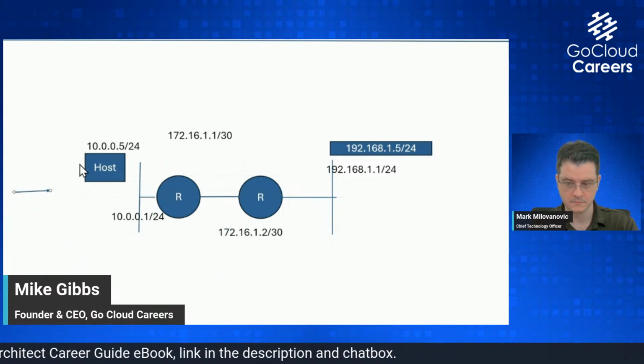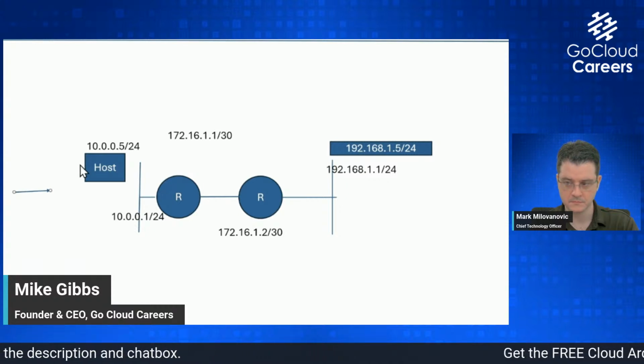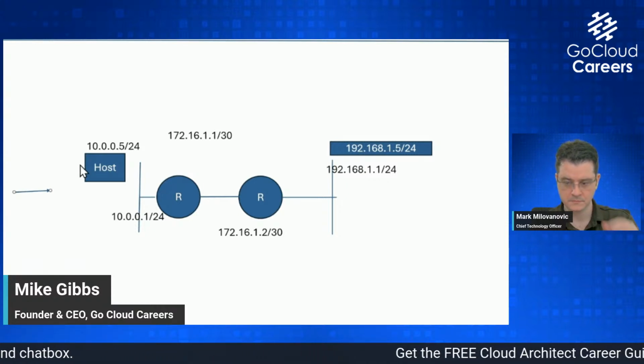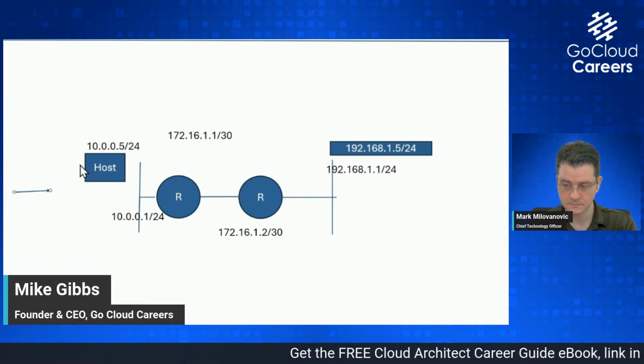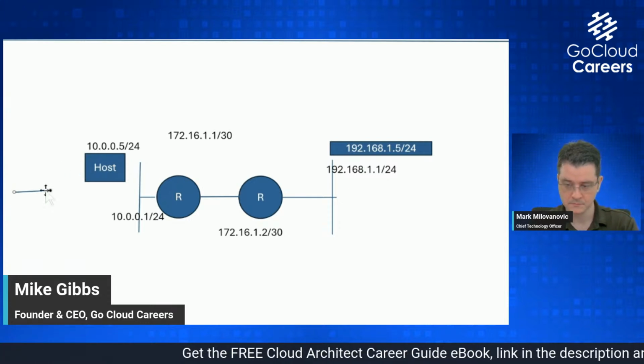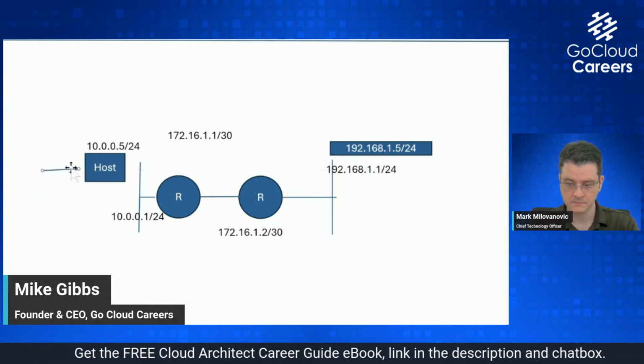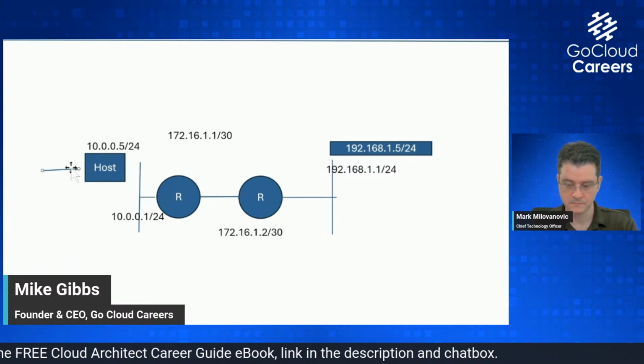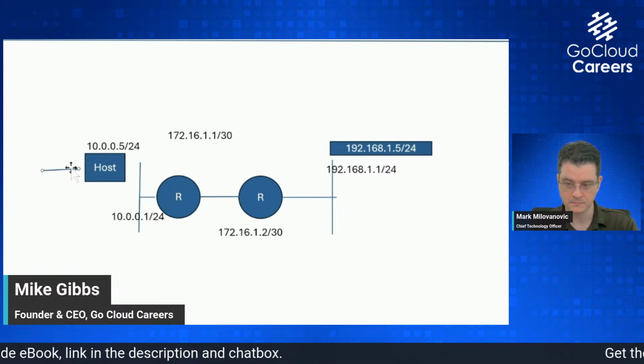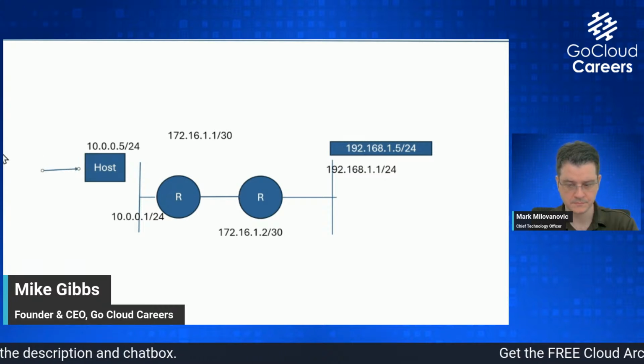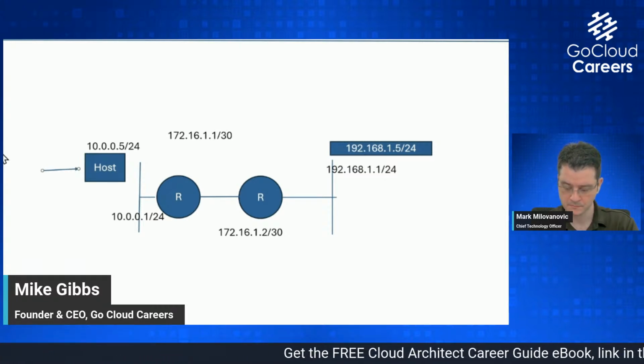So what'll happen is, let's say the host wants to go to a web page that's 192.168.1.5. So they put that IP address in the browser. Now, the first thing the PC is going to do is look in its routing table and say, do I have a route to get there? Now, in this case, the PC has something called the default gateway. So the PC will say ARP, who has the MAC address of 192.168.1.1?